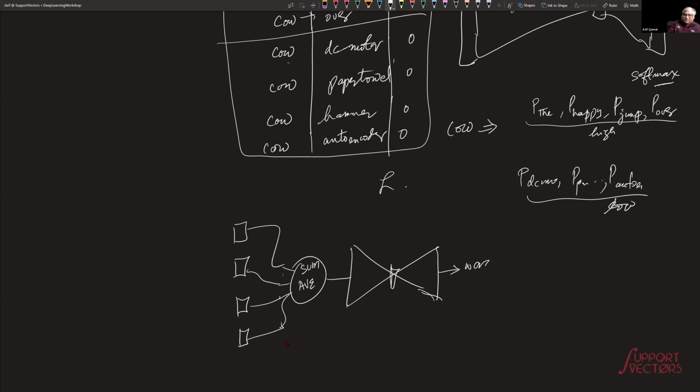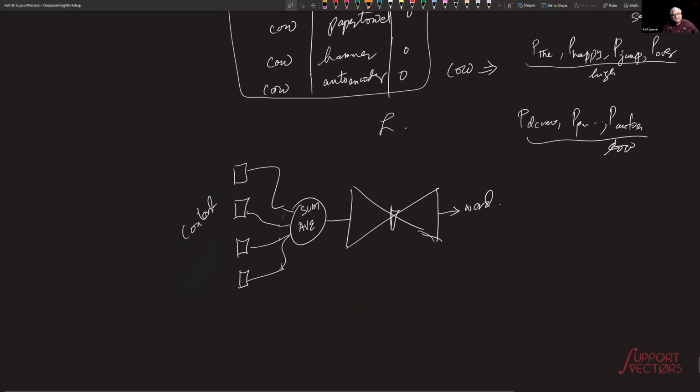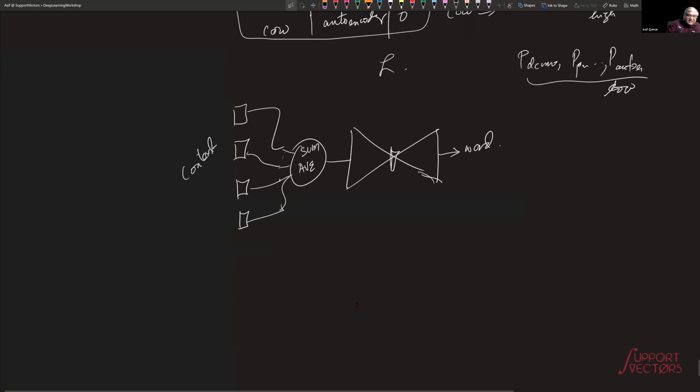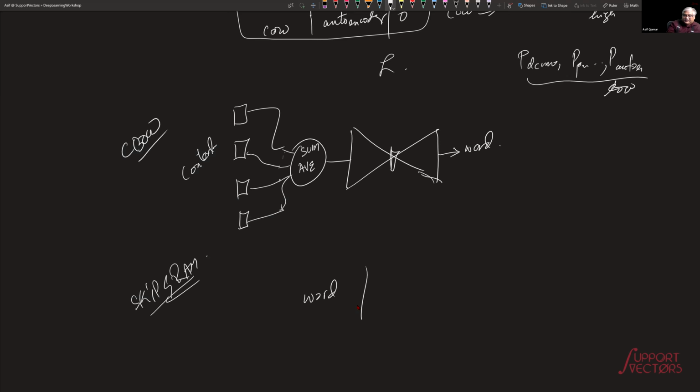The word is the output, right? Context. In the case of skipgram, you turn the tables around, and what you say is the word is the input.